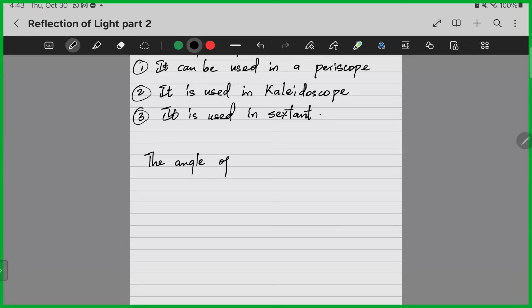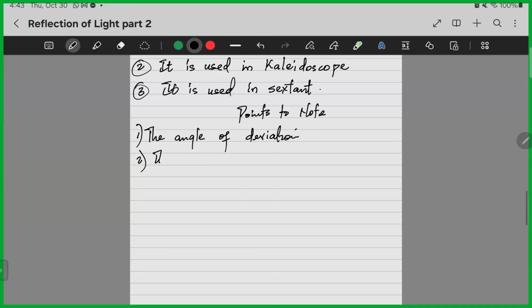I want to define that. Points to note: angle of glance.